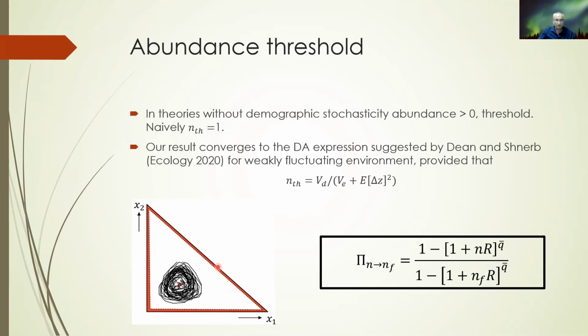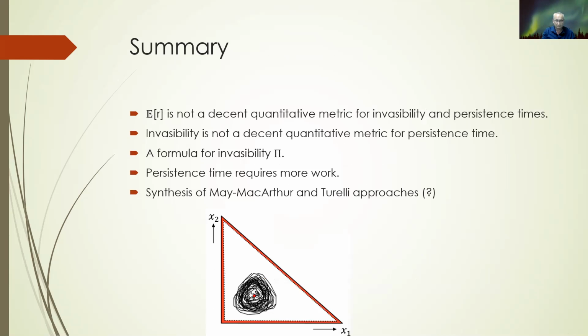So this defines the width of this red zone that one has to introduce in theories without demographic stochasticity in order to adapt them to a finite world.